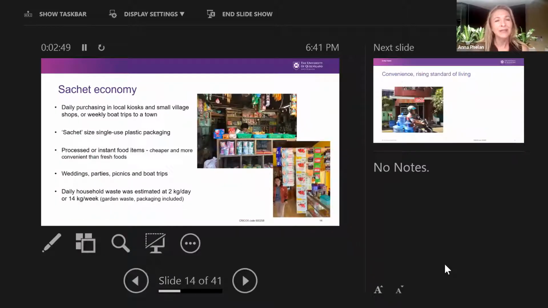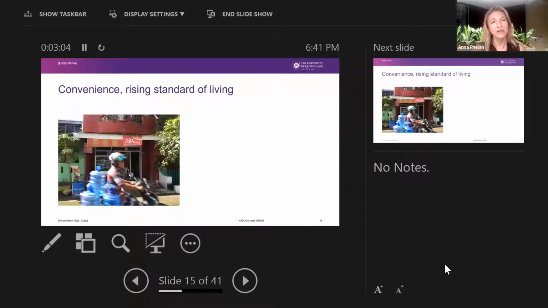There's also something dominating a lot of emerging economies, and that's, of course, the sachet economy. These are small, non-recyclable, single-use plastic packaging that is exponentially growing through most of the regions, and especially in remote areas.